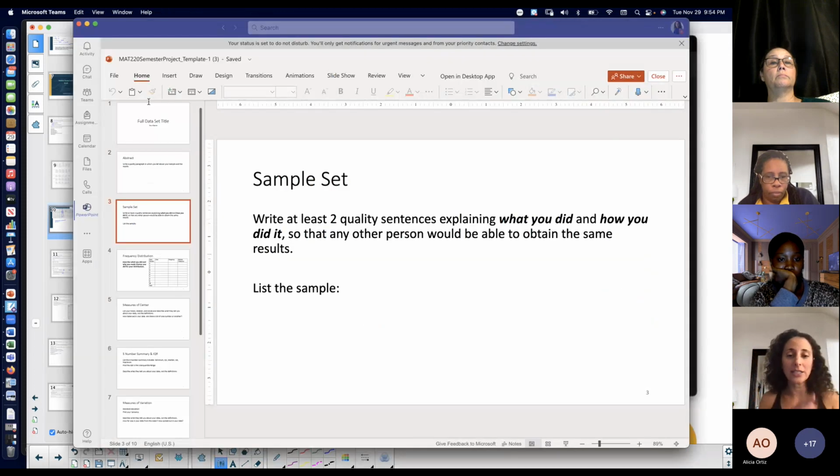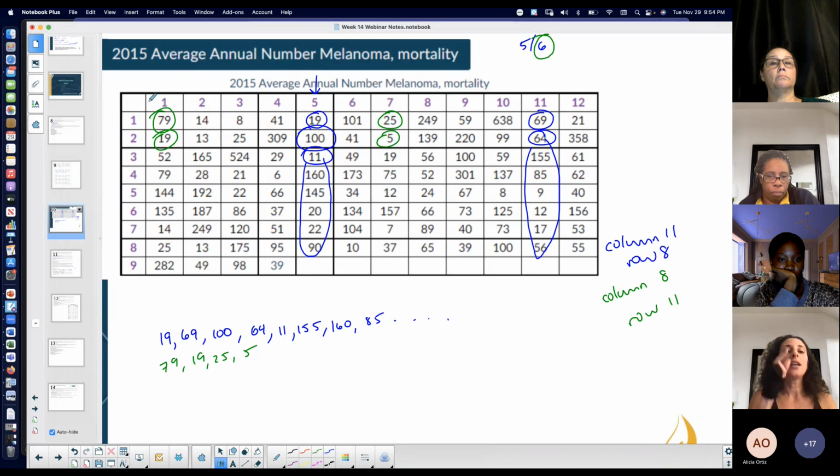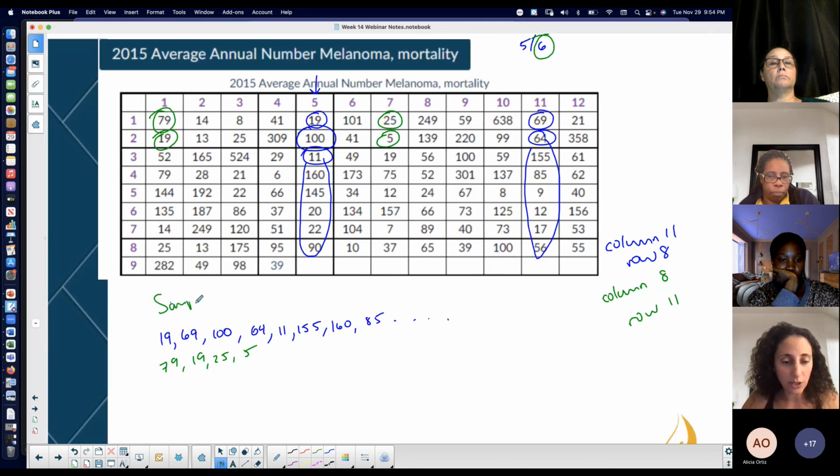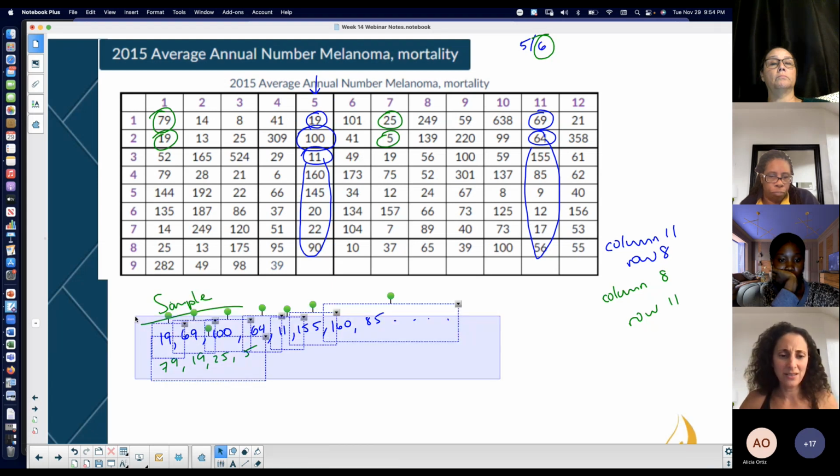You're describing it such that if I'm reading it, I want to be able to go, okay, this is what she or he did, counting. I can create the same list, the same sample that you got just by following your instructions, okay?